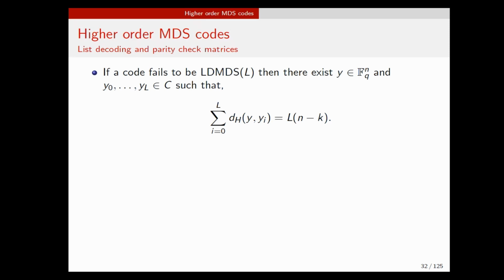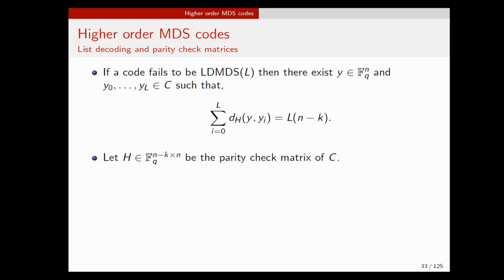That means that I'm able to find L+1 codewords such that the distance of these L+1 codewords from some point in my space sums up to, I guess this should have been, at most L+1 times n minus k, like breaking the average distance bound.